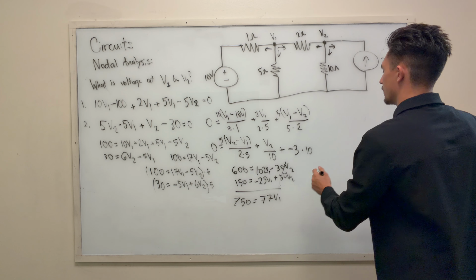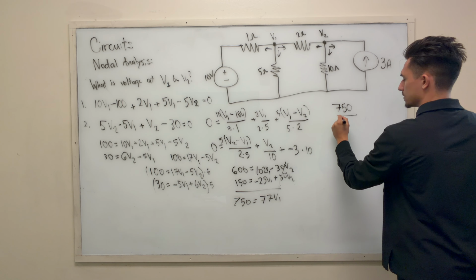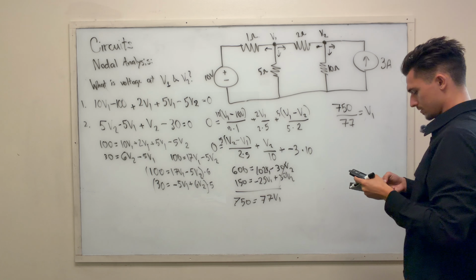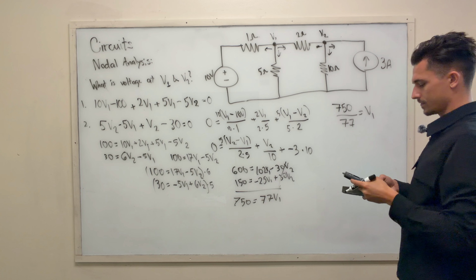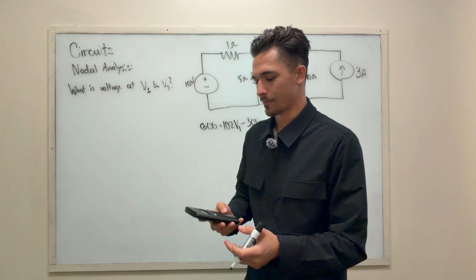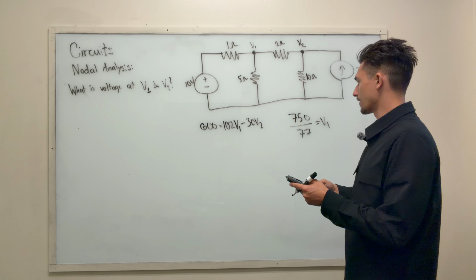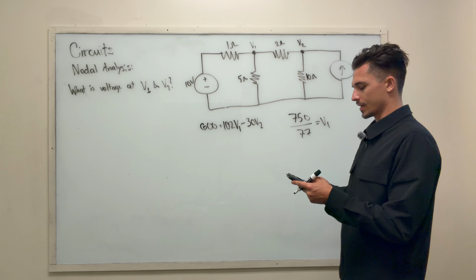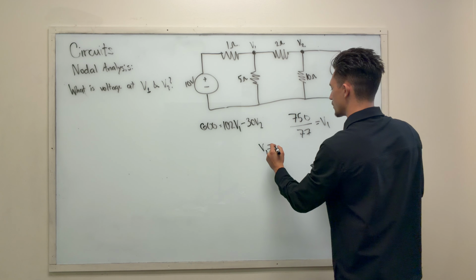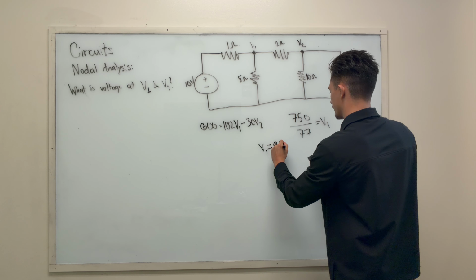And then over here, 750 divided by 77, which gives v1 to be... Sorry about that. My phone died. So we left off with solving for v1, which was 750 divided by 77. We get 9.74 for v1. So the voltage for v1 at the node is 9.74.